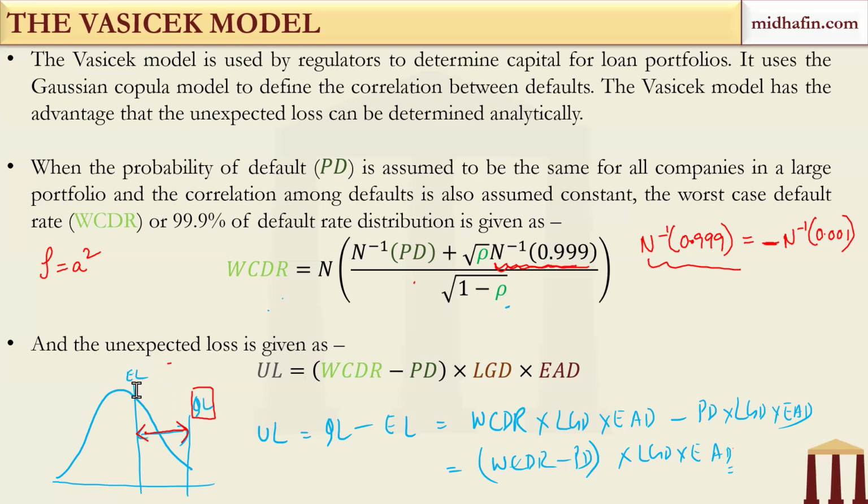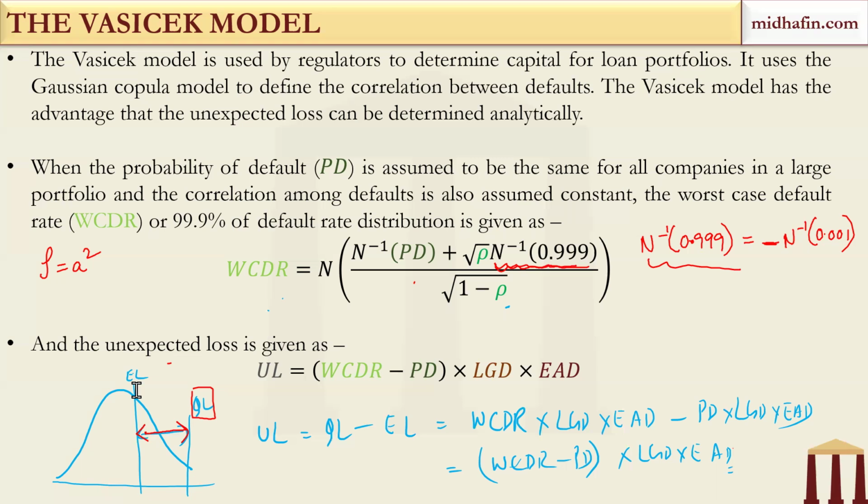But the problem is, if it is the same distribution, then don't you think worst case default rate, the probability of going to the worst case, should be even lower than the normal average probability of defaulting? Don't you think that? Listen to my words very carefully.